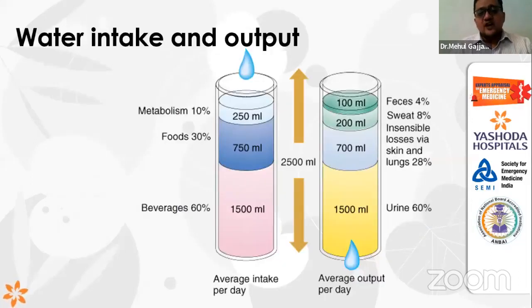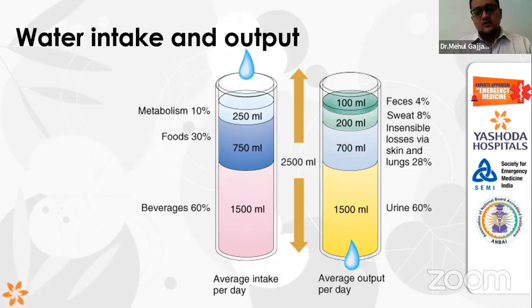Coming to water intake and output, on average, a healthy person takes around 2.5 liters of water as intake, out of which 60% is from beverages, 30% is from food, and 10% is generated by internal metabolism. Coming to the exit route or output of water, urine is the predominant source.